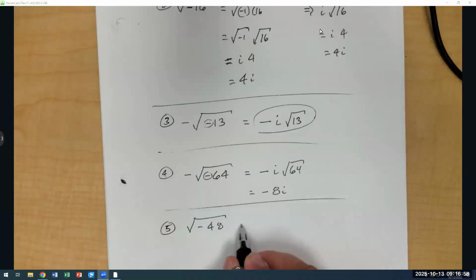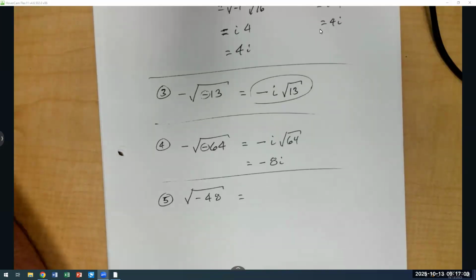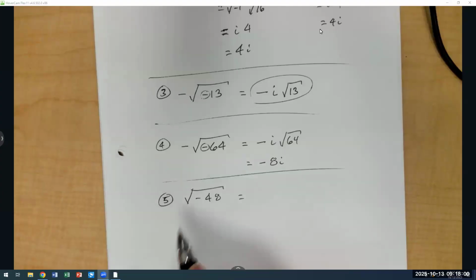Negative 48. Right. What's the answer? So what do we do with this negative inside there?